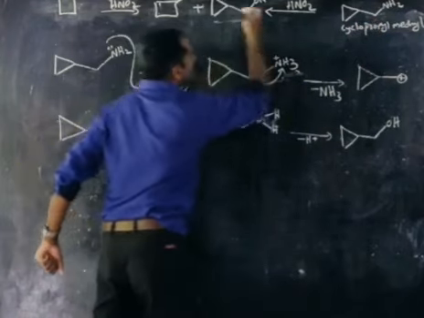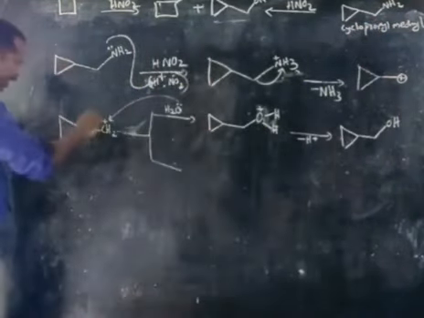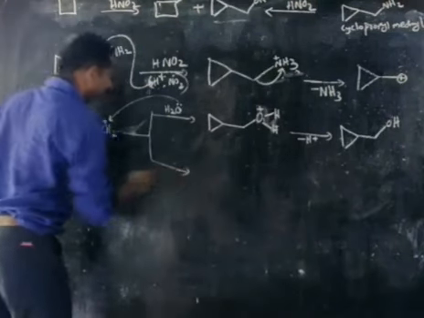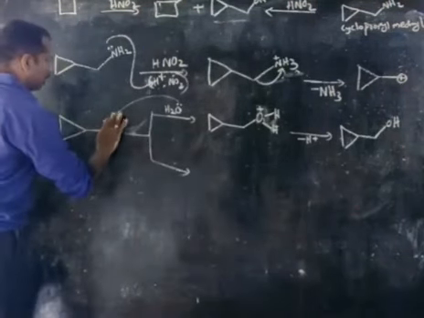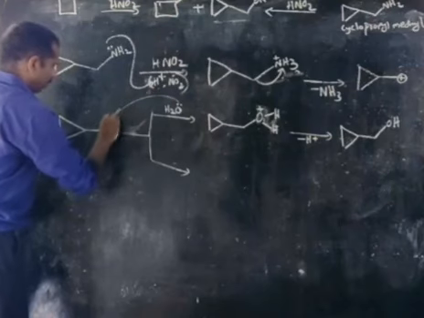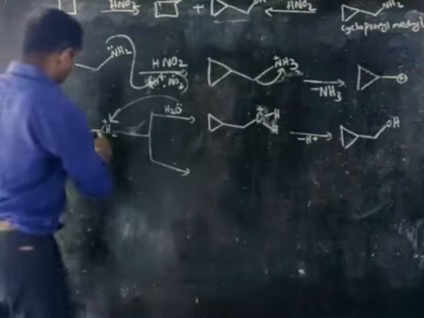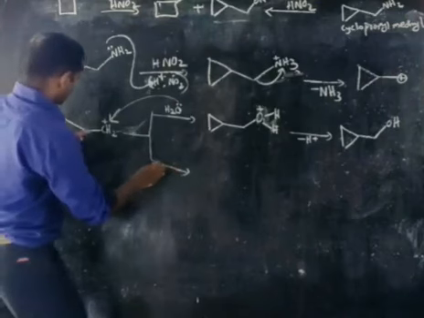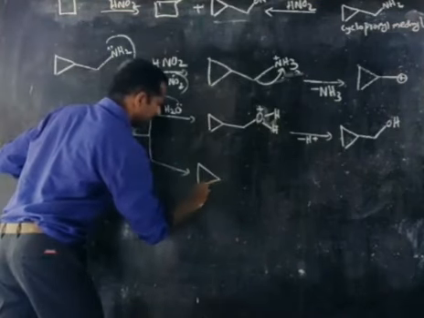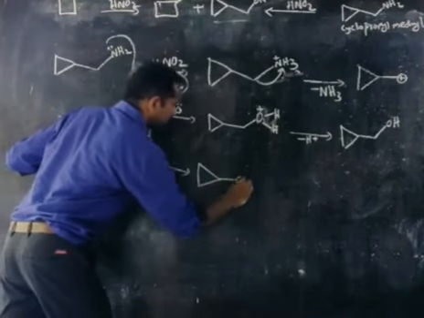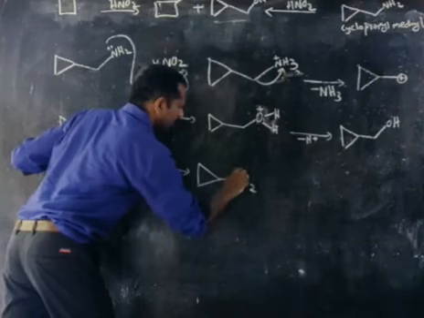See, unrearranged product. Now the next possibility. Look here, I can write the same thing. Here it is CH2 with a positive charge.